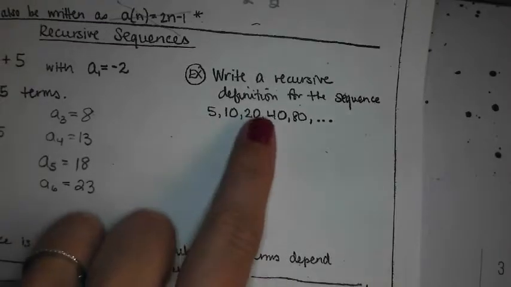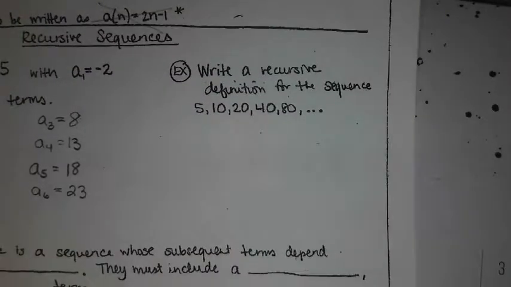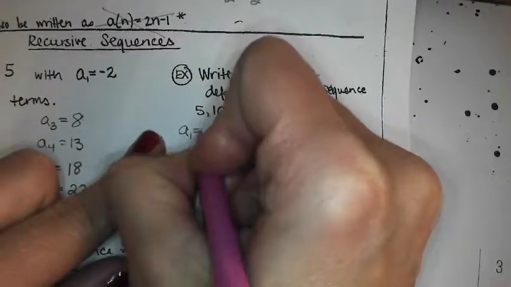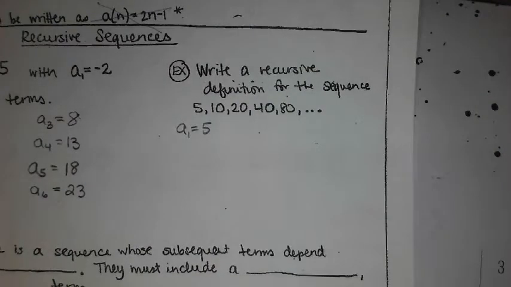Write a recursive definition for this one. Recursive definitions have to have 2 parts. You have to say what the first term is. So a sub 1 is 5. Because the recursive part is going to always rely on the fact that you know the previous term. Okay?